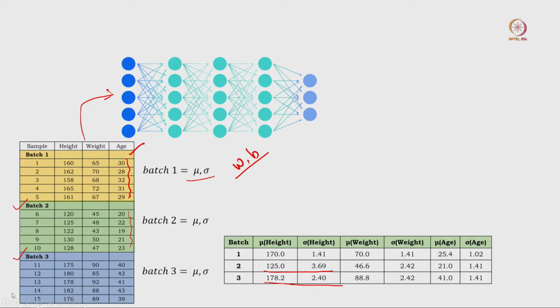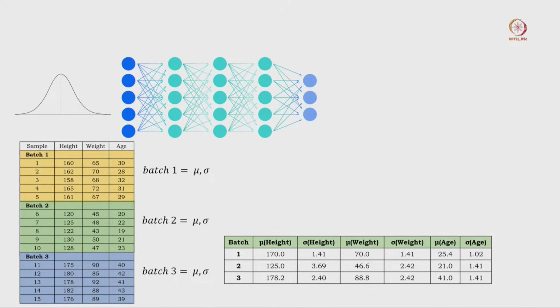Now, how do we solve this problem? It occurs because the input passed to each layer has a different mean and standard deviation, changing for each batch. So what is one solution? Can we normalize the values, so that the mean and standard deviation will be 0 and 1?